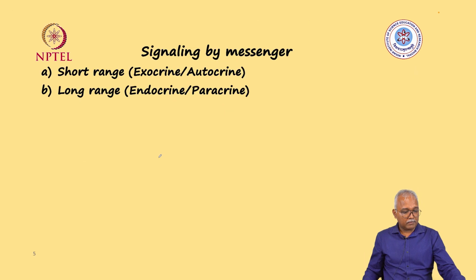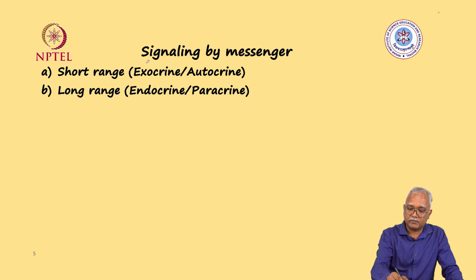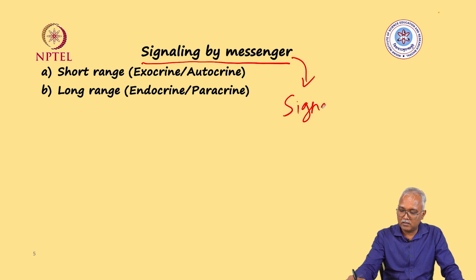Now if we think about the other type of signaling present in the living world, you can think about the signaling which is mediated by the messenger. Here the messenger is nothing else but the signal or ligand, or, as I told you earlier, the stimulus.